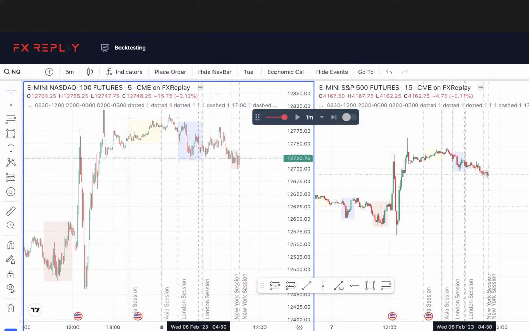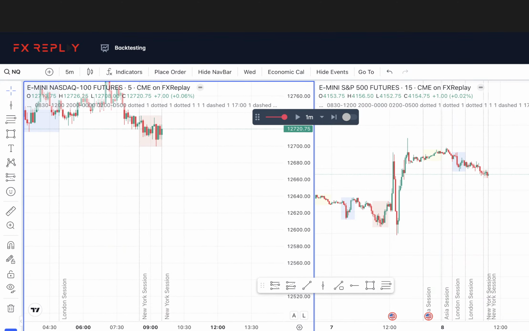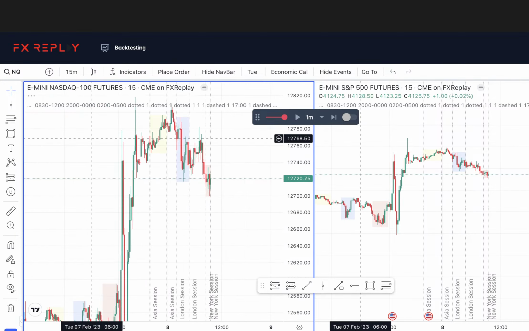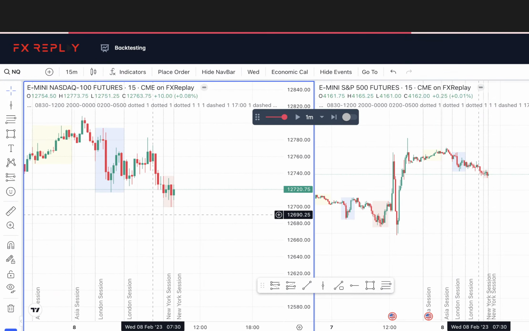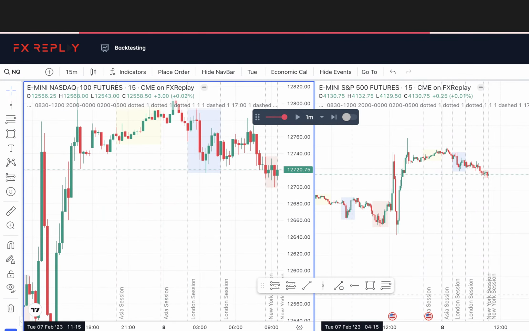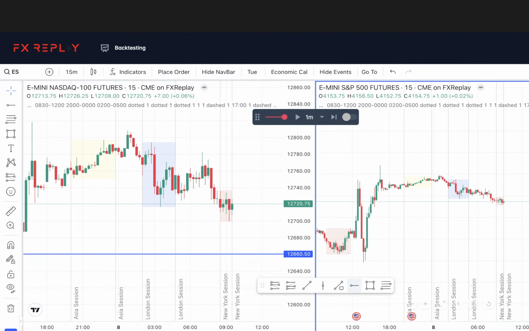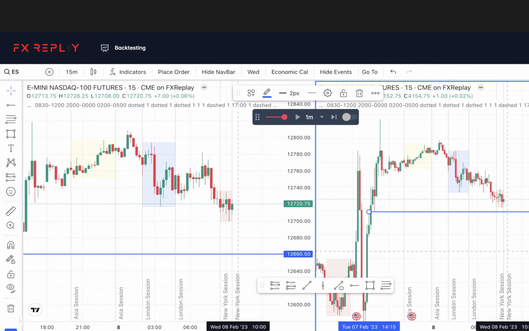9:30 is here. Do we have any gaps on the 15-minute that we want to see? We do have a liquidity point here on the 15-minute in Q. Zoom in. Do we have any SMT divergence? No, we're kind of exactly the same.